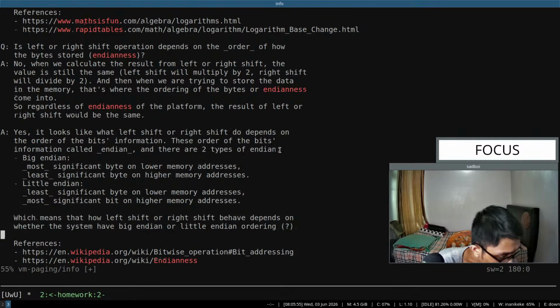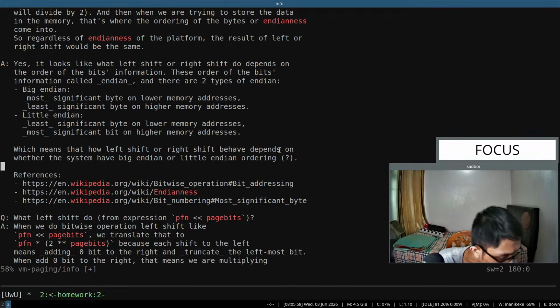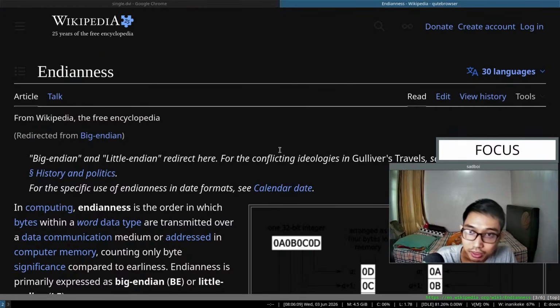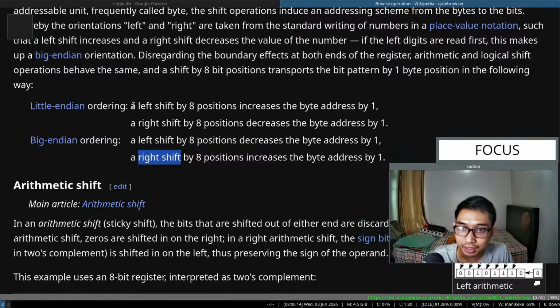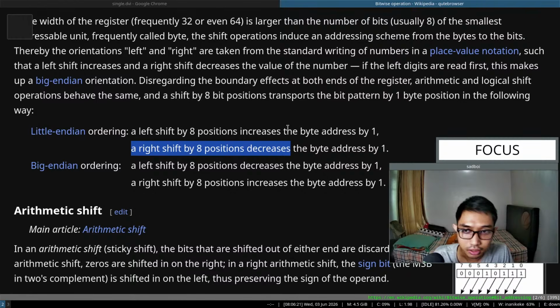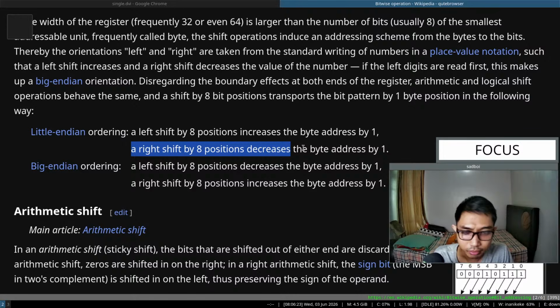The wiki is confusing here because it talks about how the address shifts when the CPU stores the number back to the memory. Yeah, that's what I'm confused about. And this is why I assumed that the endianness has an effect on the result of left shift and right shift.